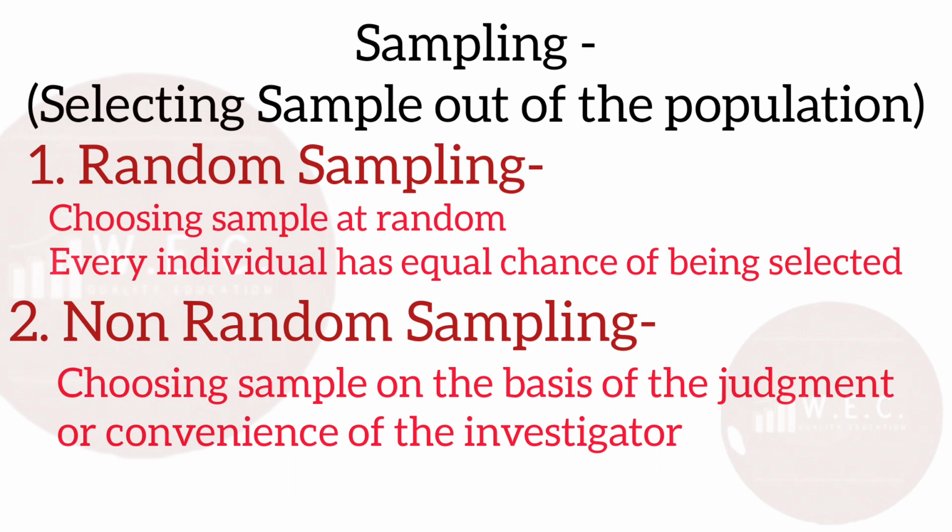In non-random sampling, individuals are mainly selected on the basis of judgment, purpose, convenience, or quota. For example, choosing only 7th standard students from the schools or choosing Bengali honors students from the colleges are some examples of non-random sampling.